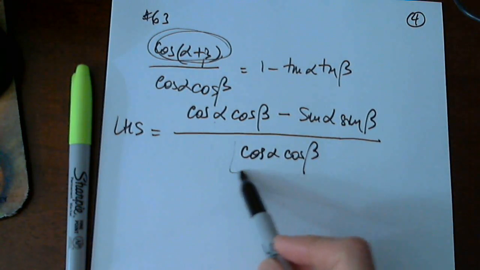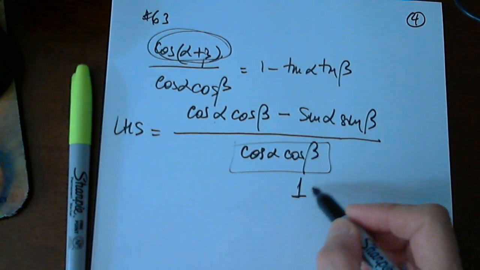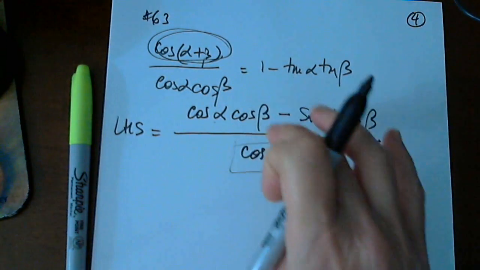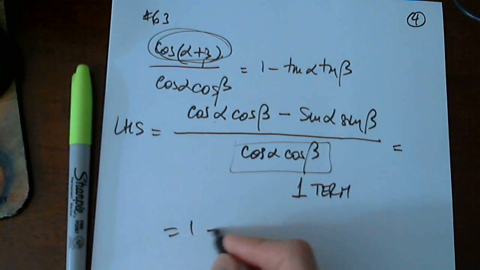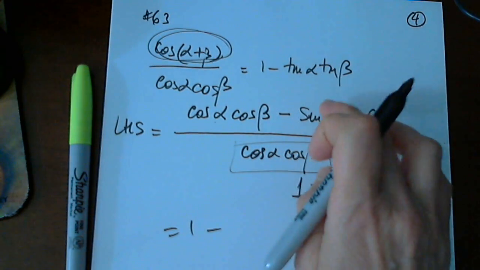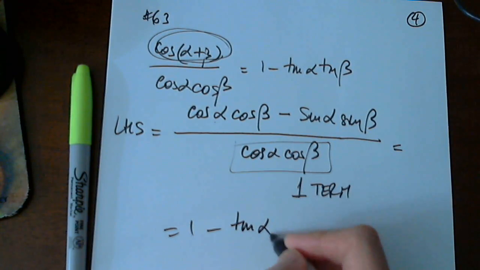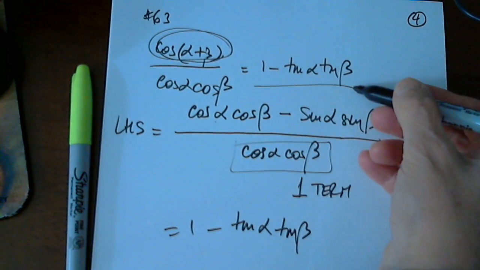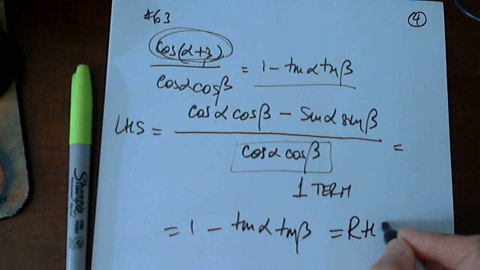How come? This is one term. Every time I see one term in the denominator, I know I'm in business. How come? This over this is 1. This over this, sine over cosine, tangent alpha, sine over cosine, tangent beta, I'm done.